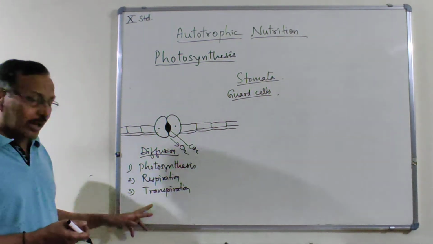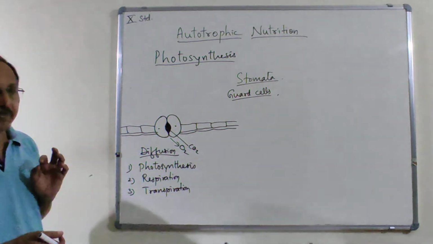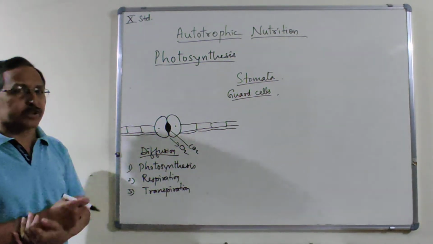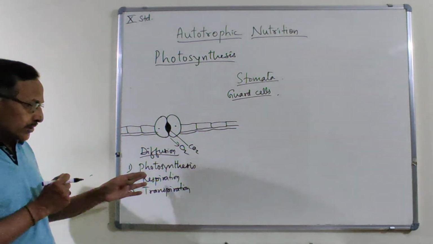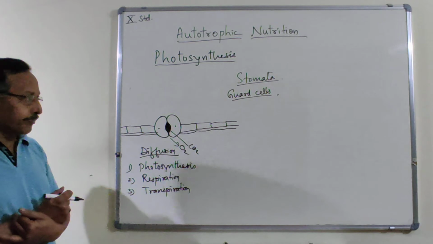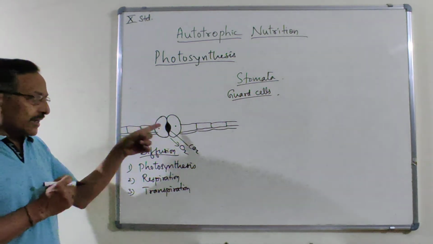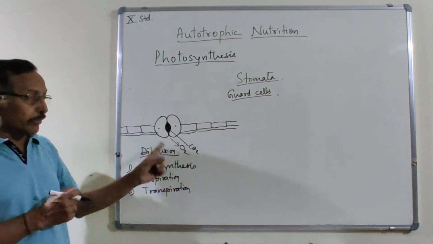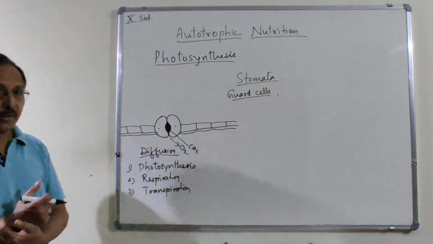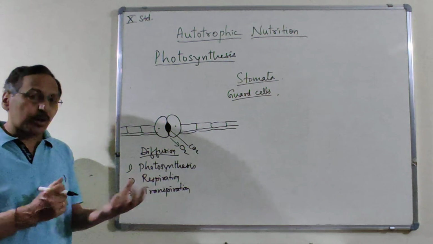That is called transpiration. Even in other parts also it is lost, even in the stems. Okay, they also exchange gases, right? But here photosynthesis is important, it's taking place because of this exchange of gases. Whereas other parts lose water.